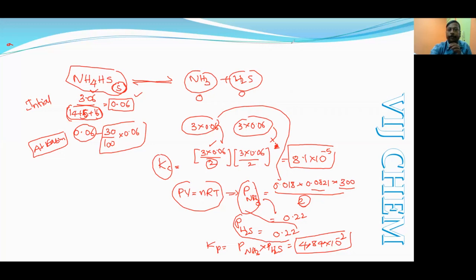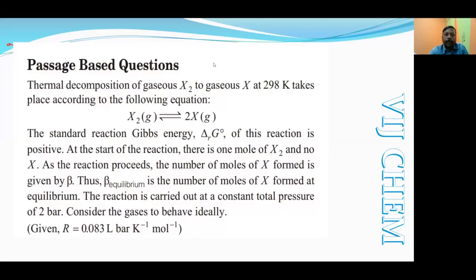Okay. Okay, here comes the passage. Read out this passage. Based upon this, we got two questions. Okay, read out this passage. The thermal decomposition of gaseous X2 into the atomic X gives free energy delta R G naught. This reaction is positive.